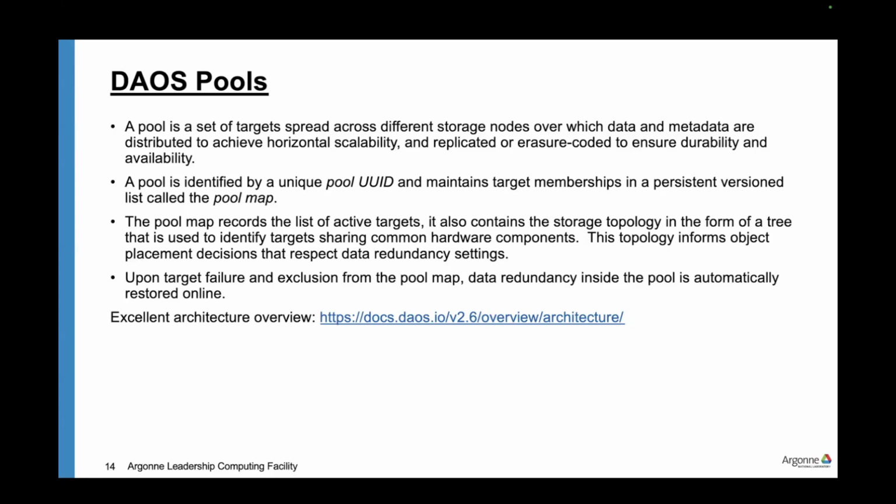If there is any sort of a target failure or an engine failure or a node failure, those targets will be excluded from the pool as though they're no longer available. The pool itself will automatically rebuild all objects within the pool that had data on those now missing targets. And again, there's an overview in the architecture.